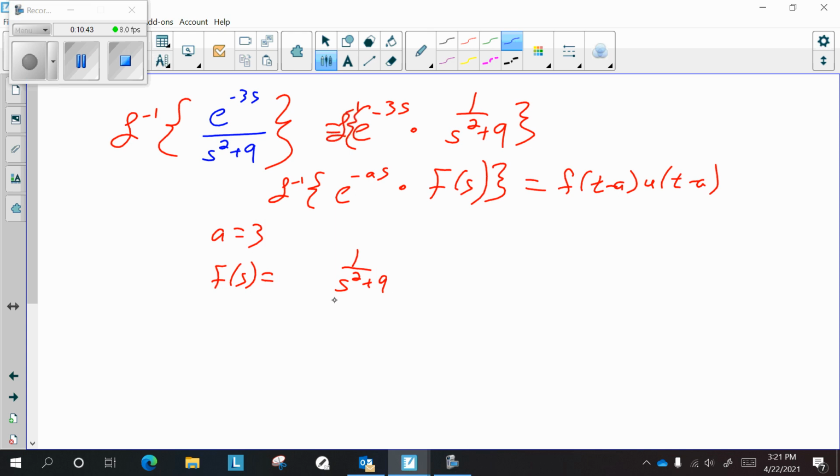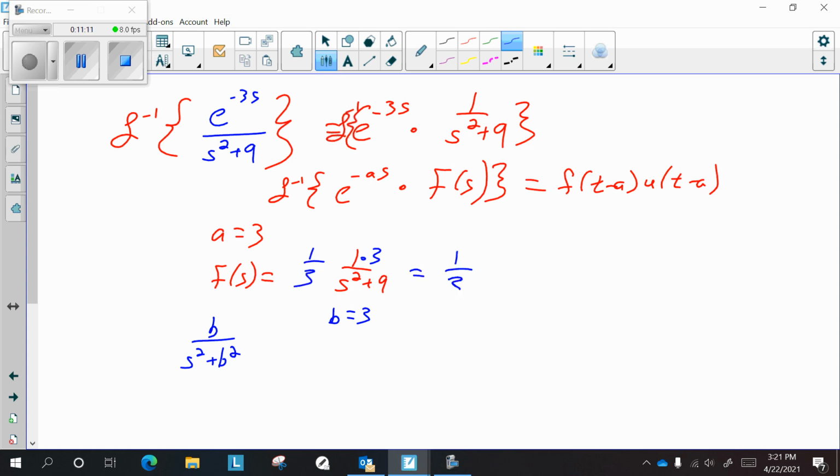So if we look at our transforms in the table, this seems to be similar to b over s squared plus b squared. So our b is 3. If that's 3 squared and we have a constant on top, that constant needs to be 3. So we need to pick up a 3 out front.